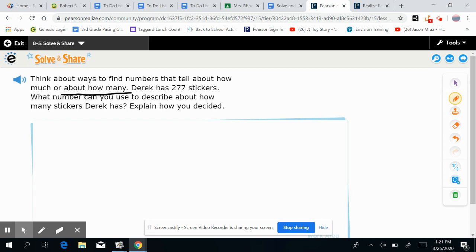Okay, so we know he has 277. We want to describe to someone about how many he has without saying the exact amount. Okay, all right. So why don't you go ahead and try and solve this problem?